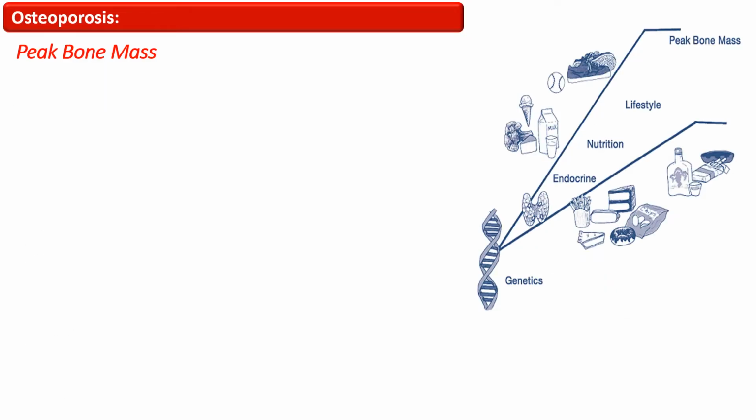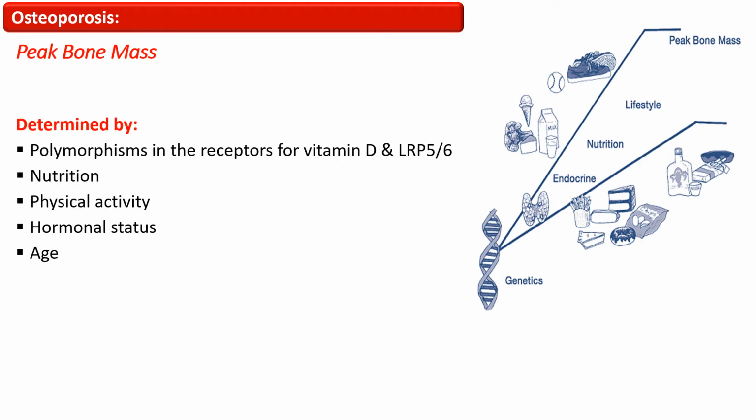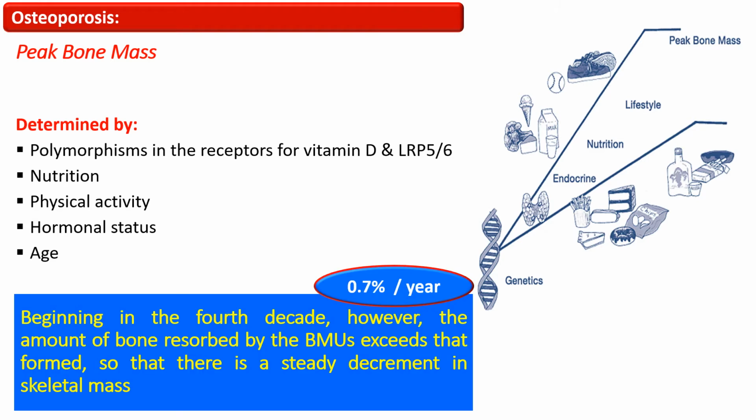We have seen this slide in the previous lecture also, and the peak bone mass is the amount of bony tissue that is present at the end of skeletal maturation, and it is determined by a lot of factors: the polymorphism in the receptor for vitamin D and LRP5, nutritional status of the person, physical activity, hormonal status, and age.